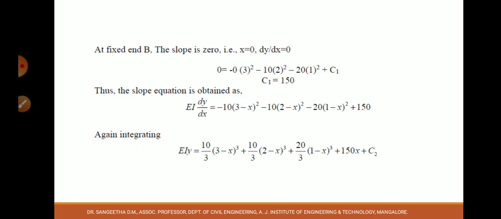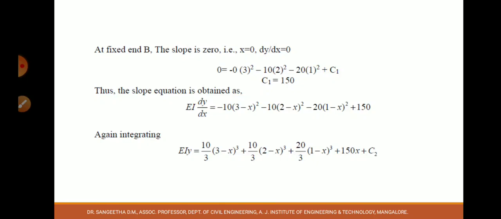So integration means it keeps on adding. So minus means here when minus comes out, it becomes plus 10 by 3, 3 minus x whole cube. Again 2 minus x whole square, minus 2 minus x whole cube by 3. Minus of minus becomes plus, plus 10 by 3 into 2 minus x whole cube.